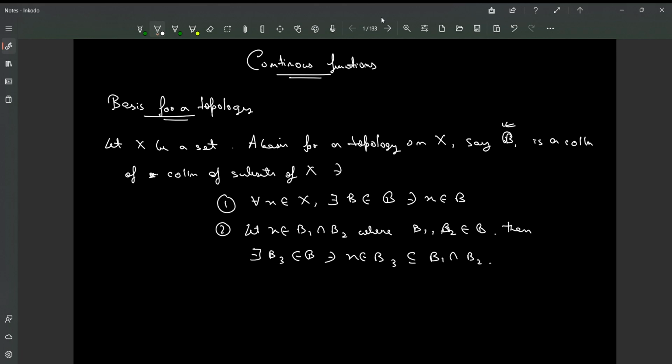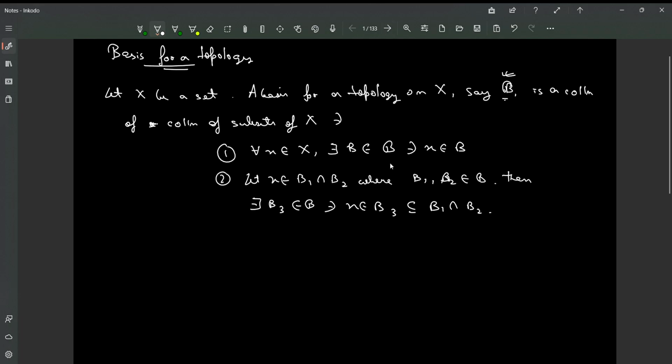In this case, we say that this set, capital B, is called a basis for a certain topology on X. So it is obviously relevant to the topology on X.